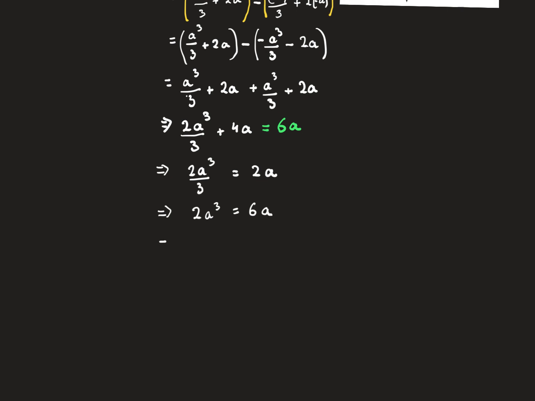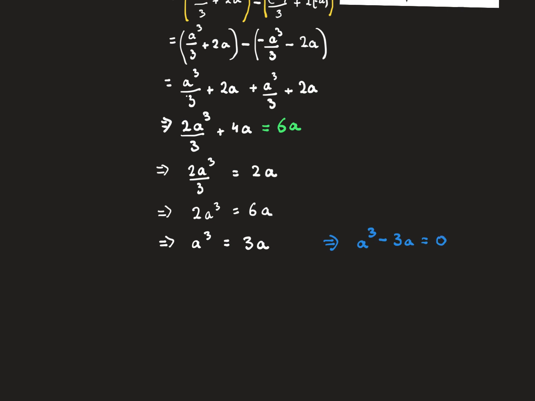And one more time, painfully slow as it is, but we will get there, a cubed is equal to 3a, because now we divided this 6 by the 2. And because I want to solve for a, I will bring everything to the left-hand side, and I'll say a to the 3 minus 3a is equal to 0.